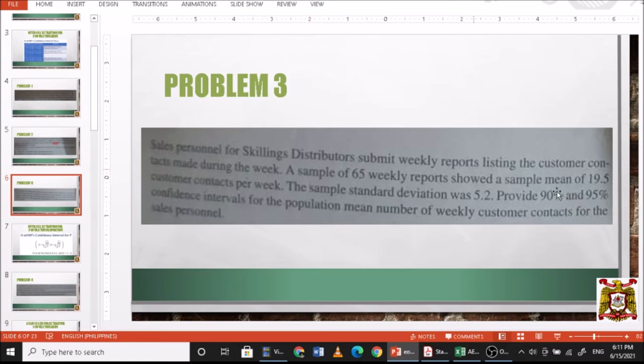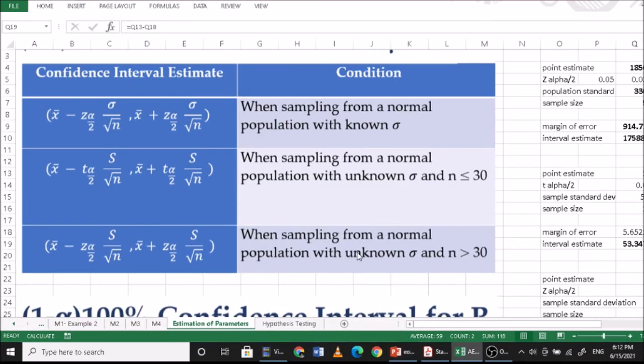So for this problem, since you already solved for a 95% confidence interval, let's solve for a 90% confidence interval. In this one, since it's a sample mean and a sample standard deviation, your population standard deviation is unknown, but the sample size is 65, which is greater than 30, so meaning this is condition 3 in our class, and we are going to use this formula, which is x bar plus minus z alpha over 2 times s over square root of n.